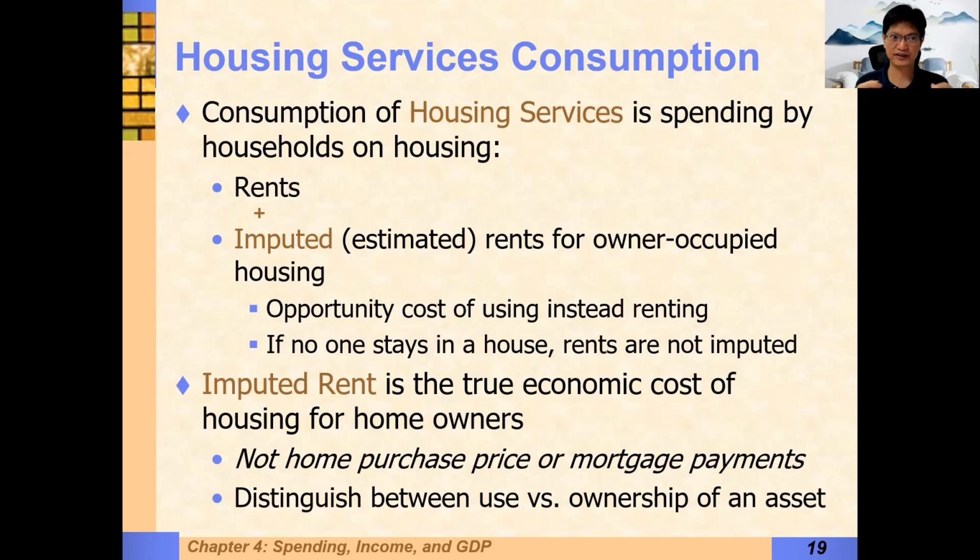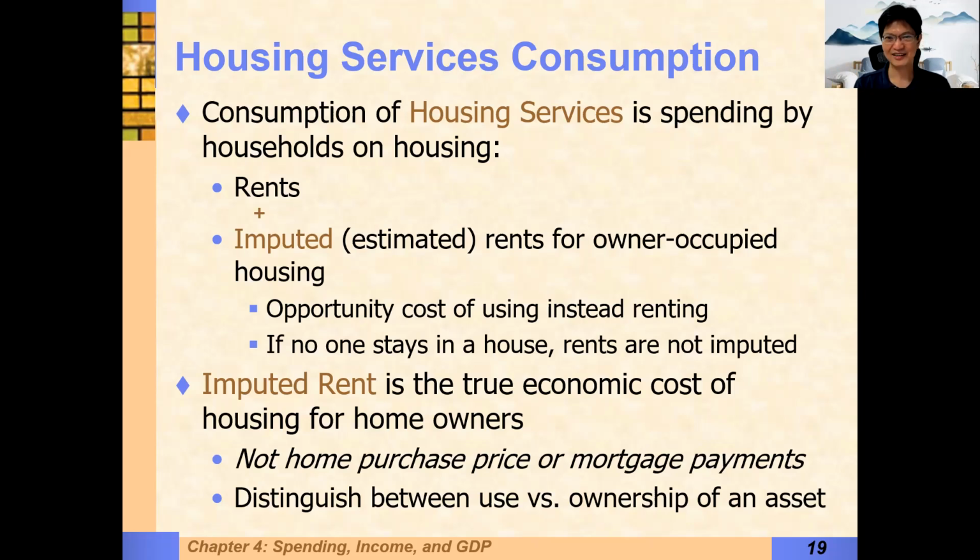Now, if we don't do this, if we leave out imputed rent, we'll be missing a big part of housing services, because owner-occupied housing might be about 50% of the consumption of housing services. And then if the owner occupancy rate in the country changes, let's say the owner occupancy rate goes up, then if we don't calculate imputed rent, the GDP would fall.